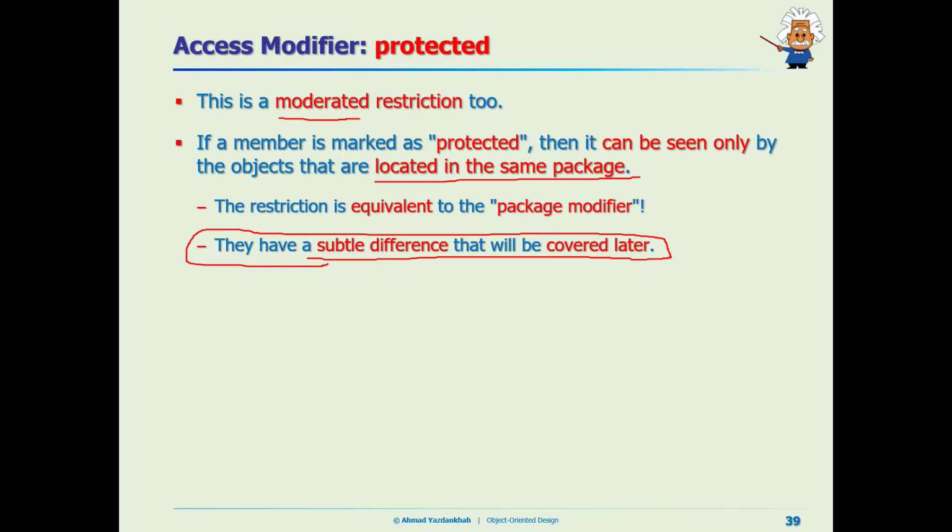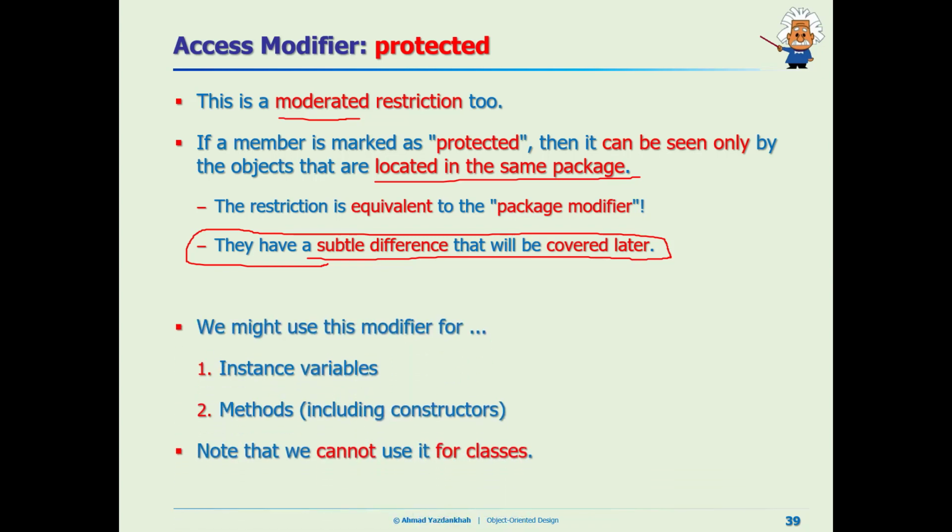So up to this point, you just know that no modifier and protected are very similar. Both of them can be seen in the same package. Another difference that they have here is we can put it for the instance variables, we can put it for methods, but not for the classes, right? So default modifier could be applied on the classes, but the protected cannot be.